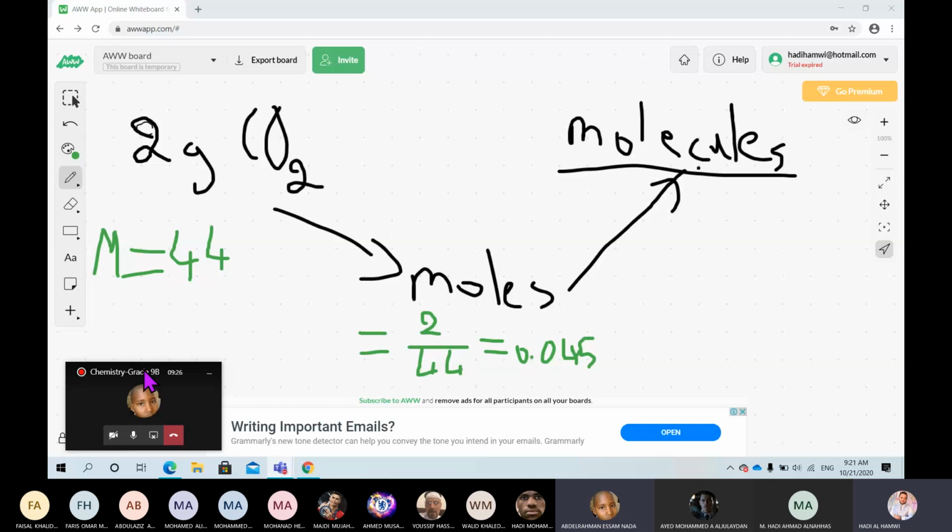What should I do now? I need to multiply 0.045 by Avogadro's number, which is 6.02 times 10 to the power 23. Very good.